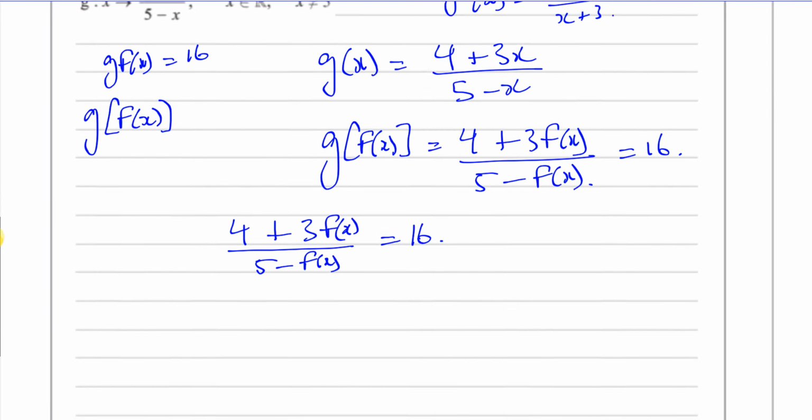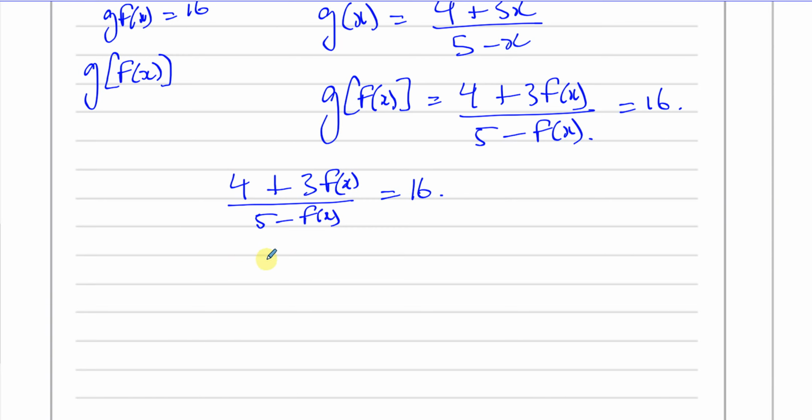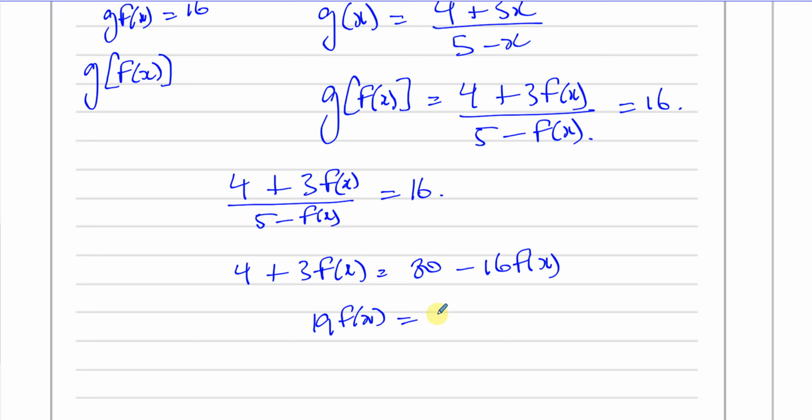And then we can solve this, multiply both sides by 5 minus f of x. So you have 4 plus 3 times f of x equals 16 times 5 is 80, minus, and 16 times minus f of x is minus 16 f of x. So we bring the f of x's together on one side. That's 3 f of x plus 16 f of x, which is 19 times f of x, equals 80 minus 4, which is 76.